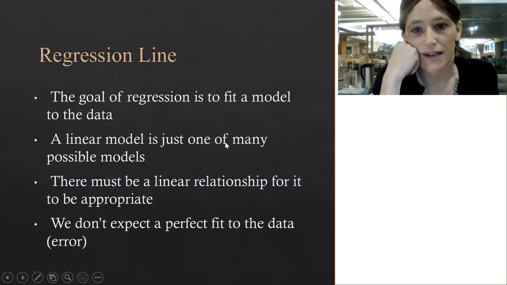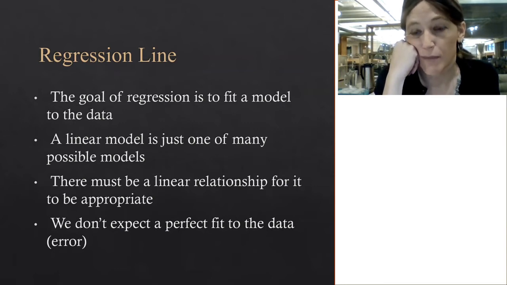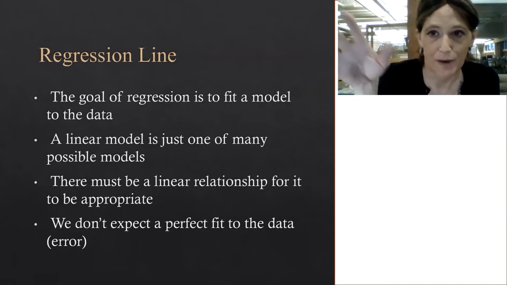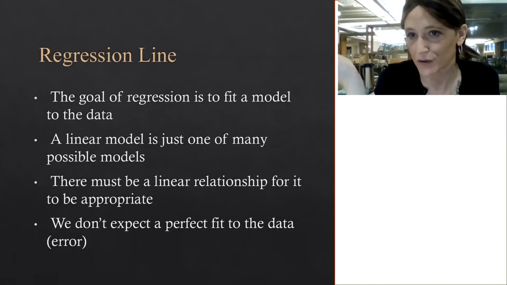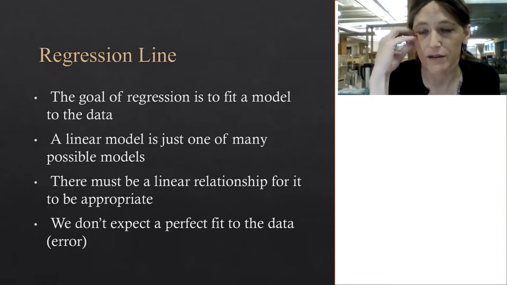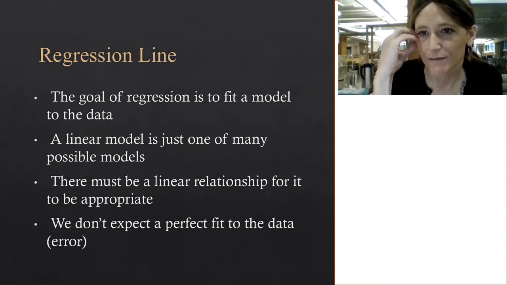So the goal here is to fit a model to the data. And again, it assumes a linear relationship. A linear model is just one of many possible models we could fit. In this course, we're going to focus on linear models. And in reality, a lot of people simply fit linear regression models, sometimes when it's inappropriate.